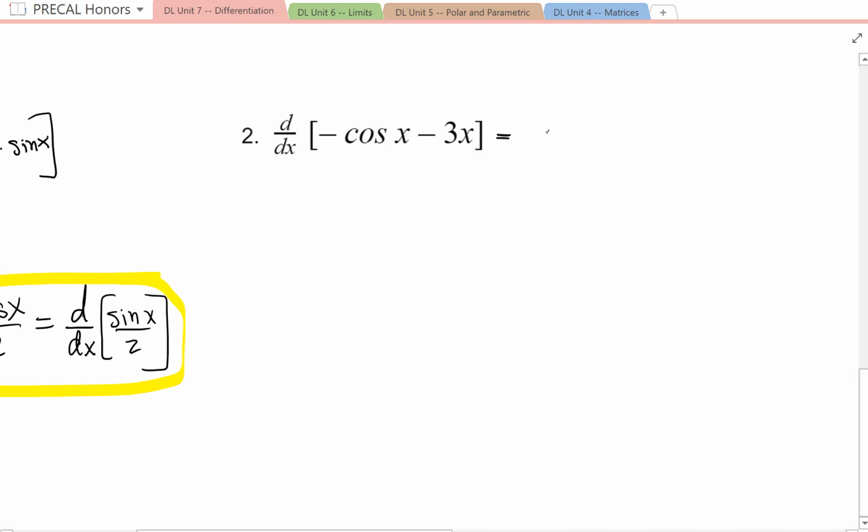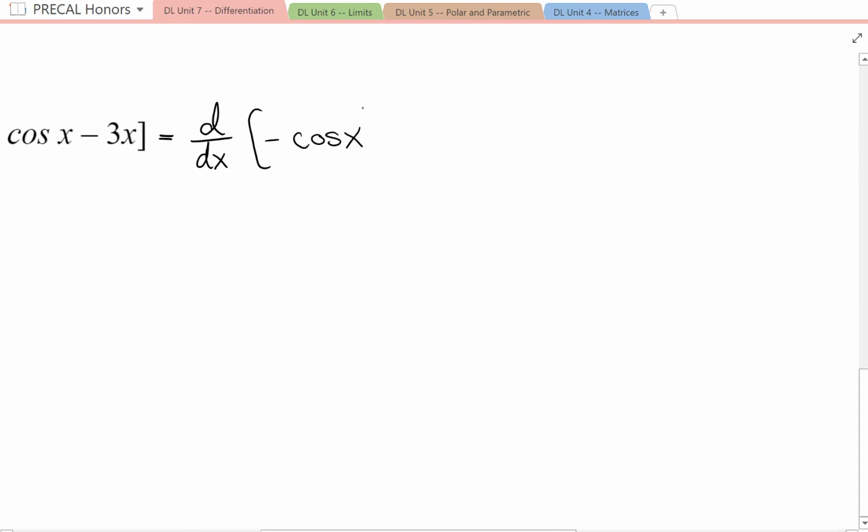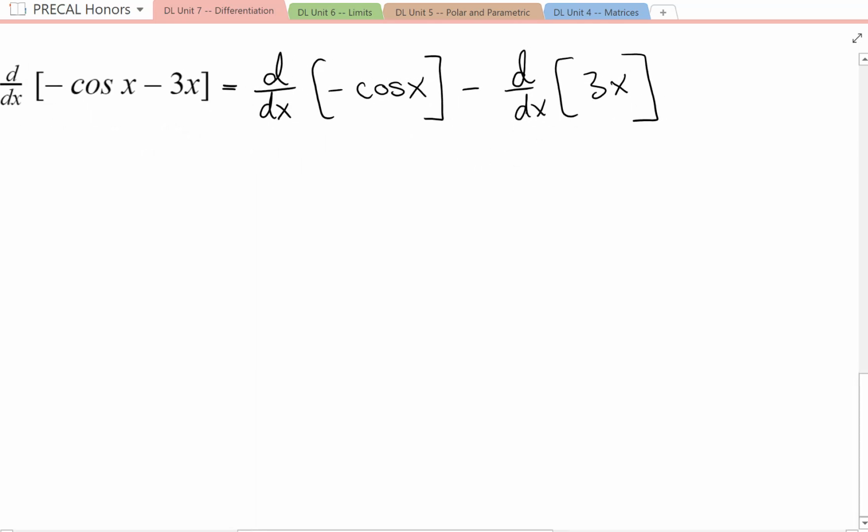So we'll take the derivative with respect to x of negative cosine x, our first term, minus the derivative with respect to x of 3x. Each of these has a constant. Cosine x is being multiplied by negative 1. x is being multiplied by 3. So remove those constants from the derivative.